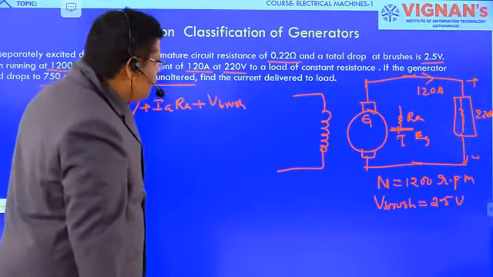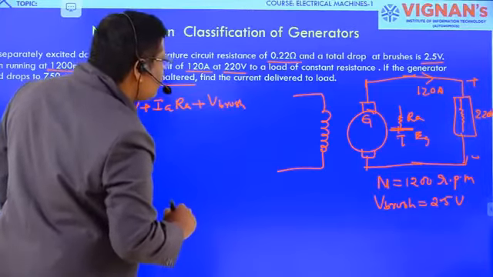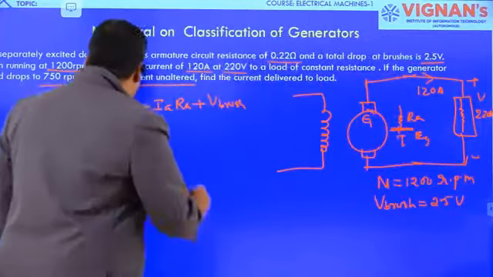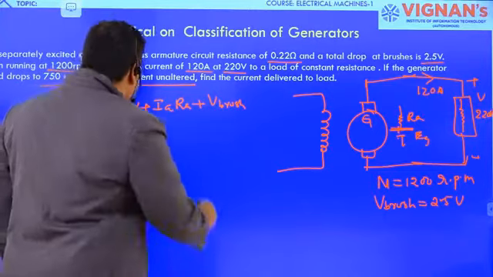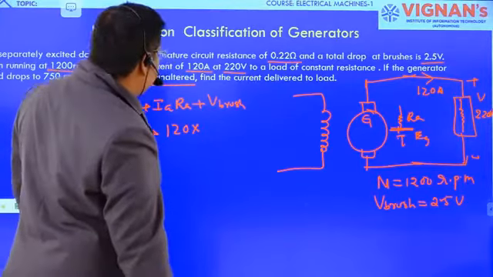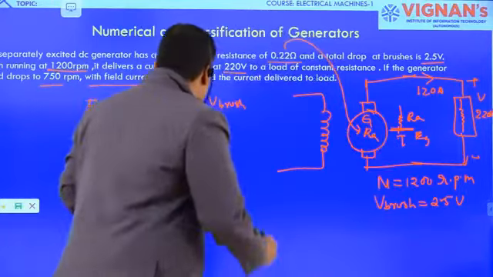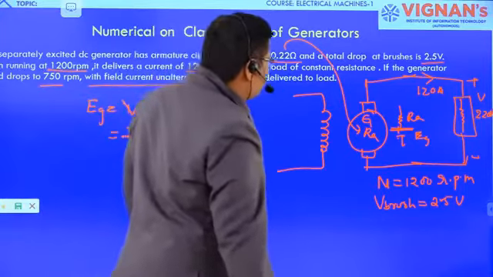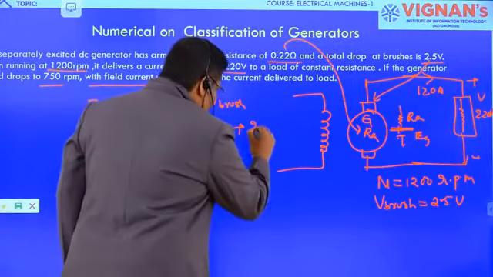Now V equals, how much voltage is given? The voltage of the load is given. This is V, the voltage across the load, that is 220 volts, plus current, which is given as 120 amperes, into armature resistance, which is given as 0.22, nothing but this value, armature Ra, 0.22, plus V brush, the voltage drop across this brush, that is 2.5 volts.